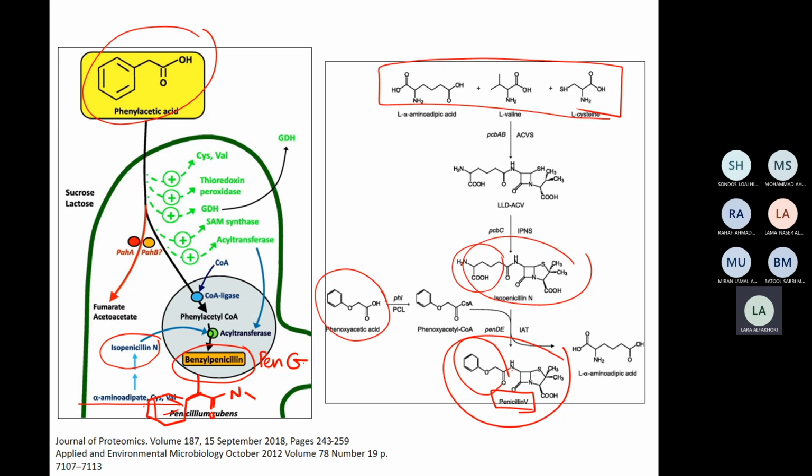I just need you to understand that the penicillins are synthesized by fungi from 3 amino acids to give rise to isopenicillin N. Actually the side chain in penicillin V, G and even other natural penicillins comes from acetic acid derivatives that were added to the media. It does not come from the fungi itself. But still, we consider penicillin G and penicillin V natural penicillins completely synthesized by the fungi.